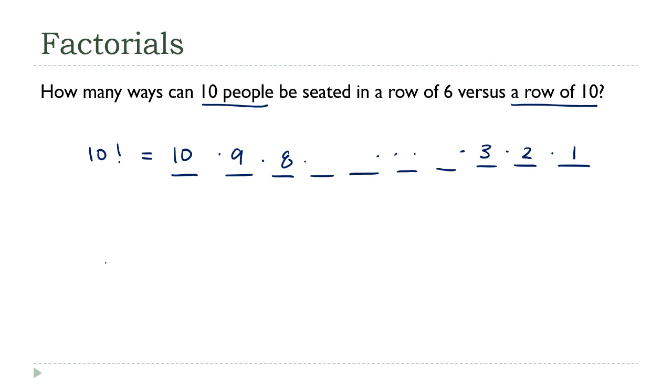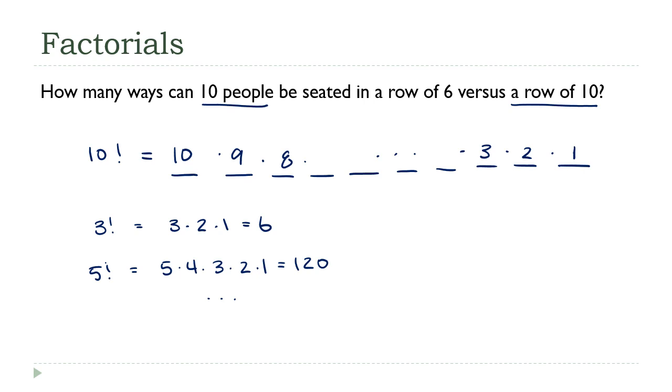Right, so when you see this, 10 factorial means take every integer from 10 down to 1 and multiply them together. Right? And just throwing a couple more quick examples up here. 3 factorial would be 3 times 2 times 1, that's 6. 5 factorial would be 5 times 4 times 3 times 2 times 1, that's 120, and so on.